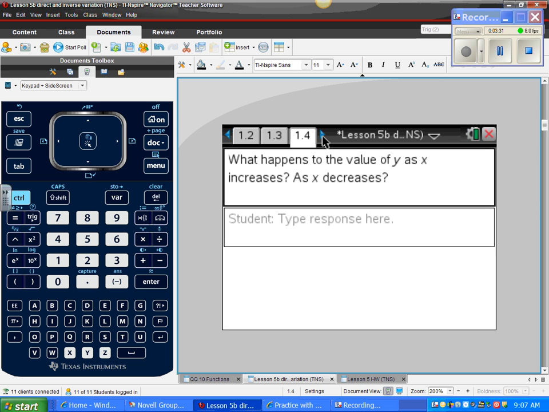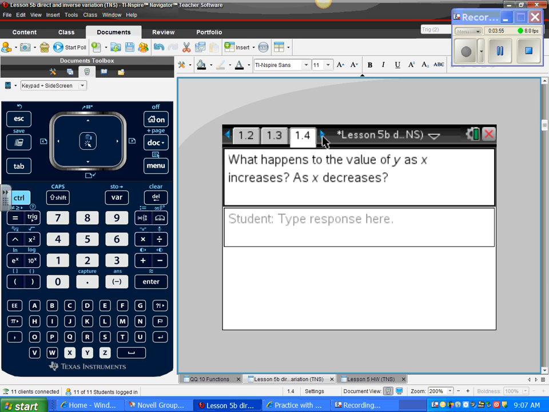All right, so what happens to the value of y as x increases? What happens to the value of y as x decreases? So as x increases, y increases. As x decreases, y decreases. Okay, they're directly related. As x increases, y increases.